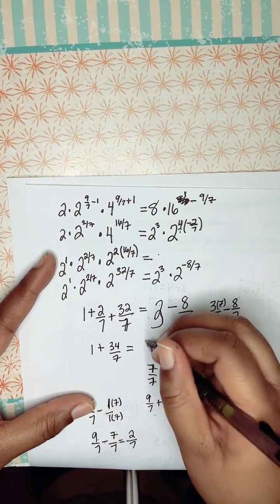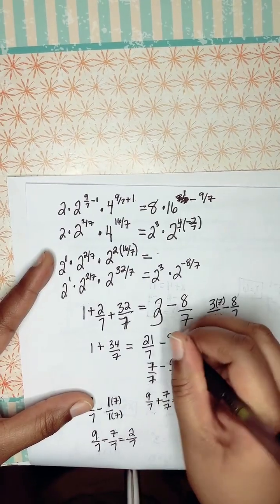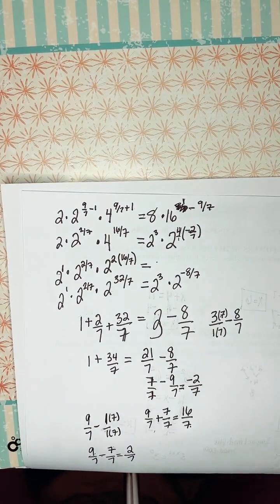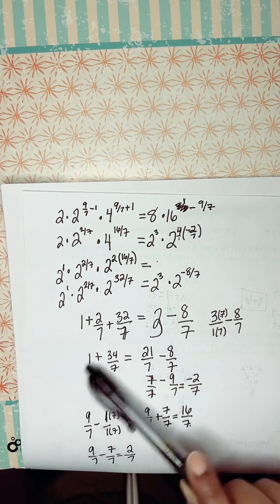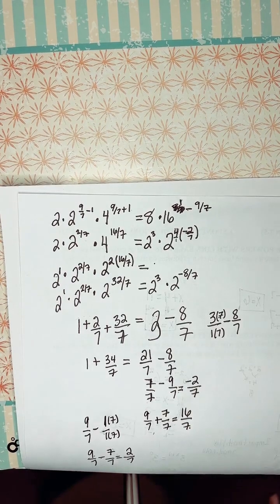So this will be 21 over 7 minus 8 sevenths. Nah, it's not working. This number going to be way bigger than this. We got to save it for another time, y'all.